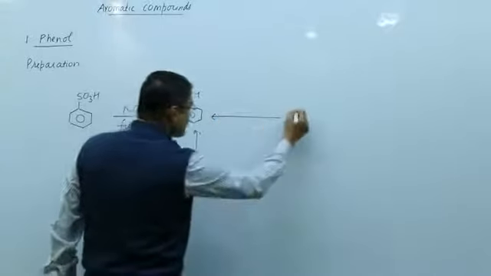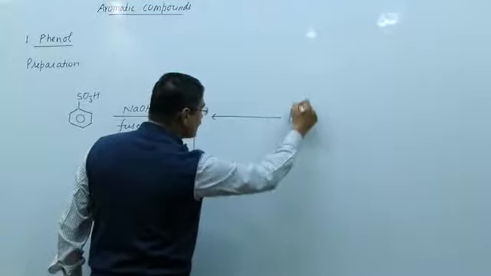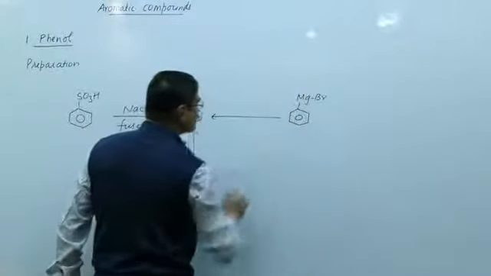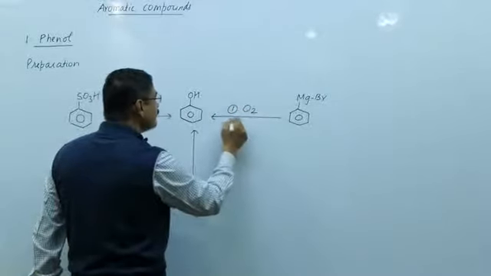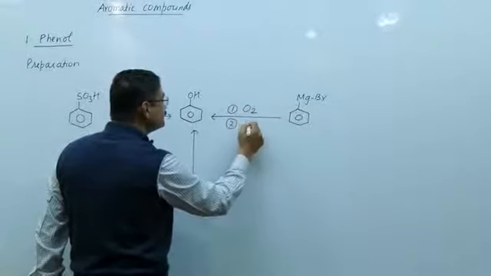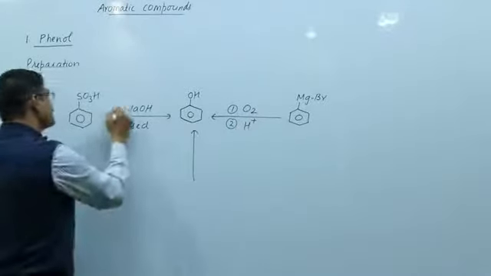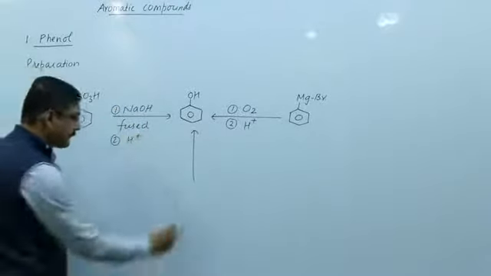Now second one, if I take the Grignard reagent of aromatic compound, then on reaction with oxygen followed by H plus, phenol is obtained. Similarly, in this case, by acidification.